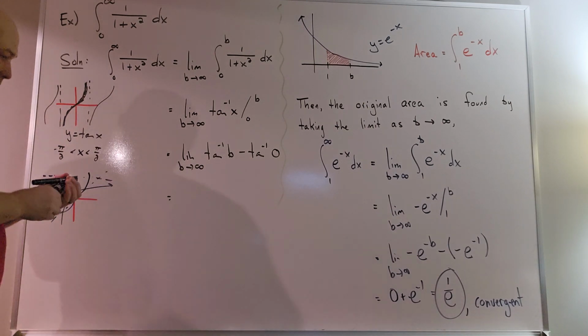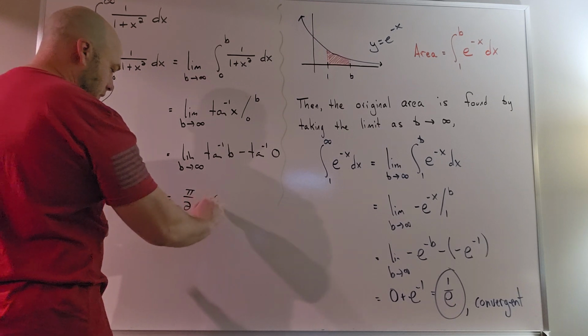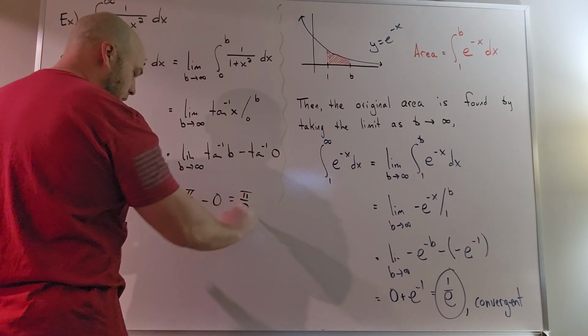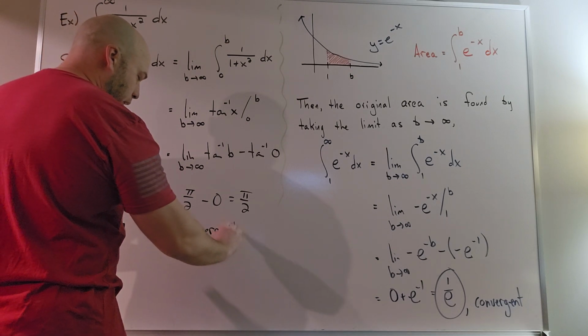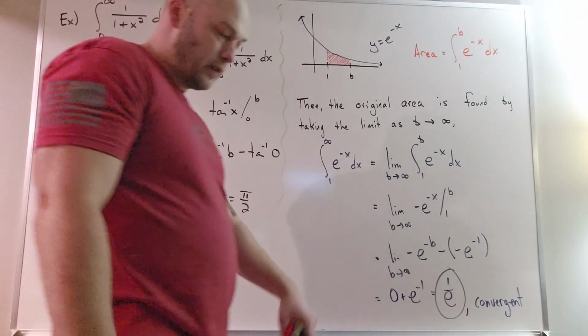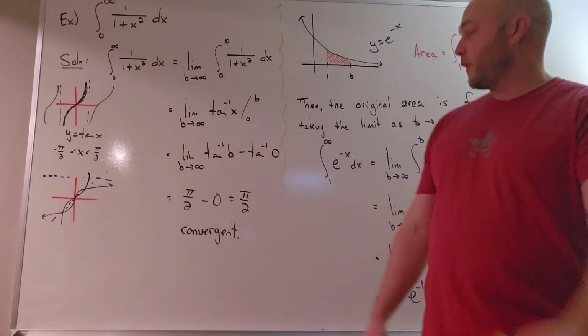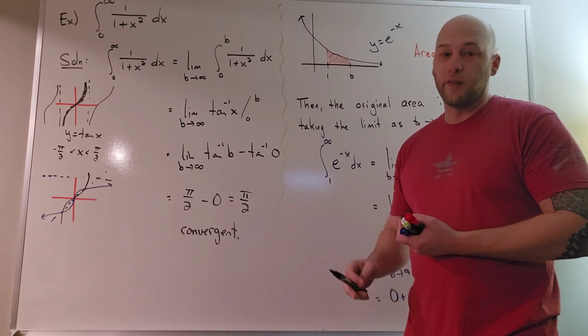Therefore this would be equal to pi over 2 minus 0, which of course is pi over 2, and therefore the value of the improper integral is a finite real number, and hence we say it's convergent.